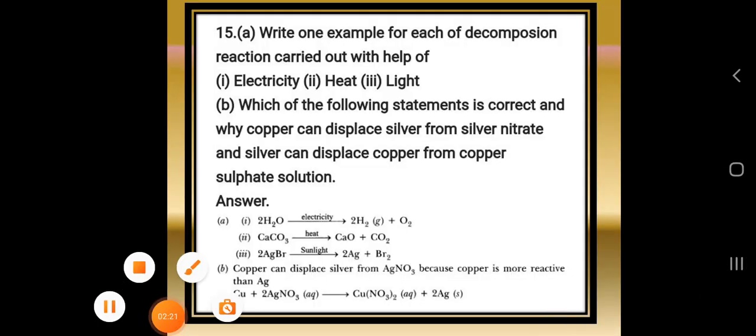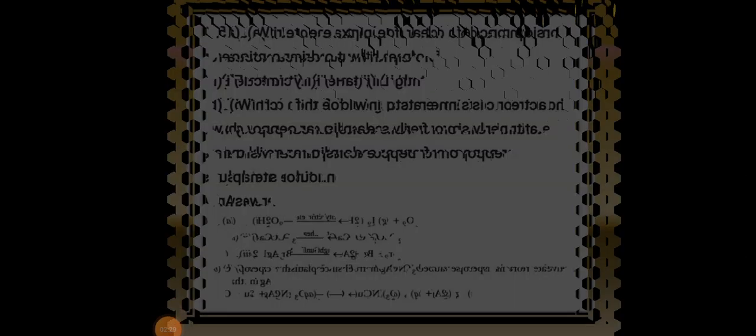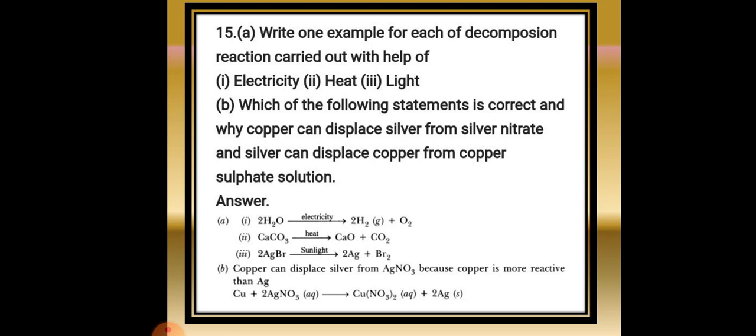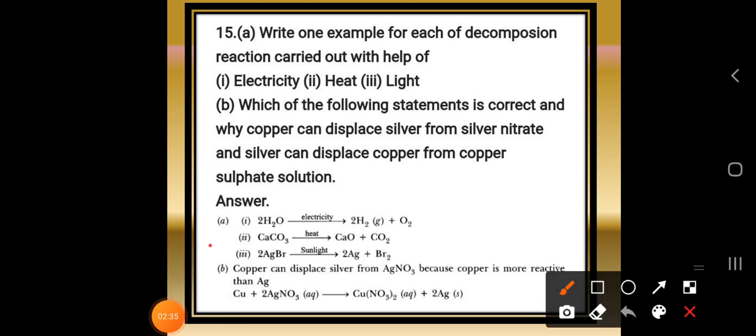Okay, the third example is silver bromide. What is the formula of silver bromide? That is AgBr. Ag means silver, Br means bromide.